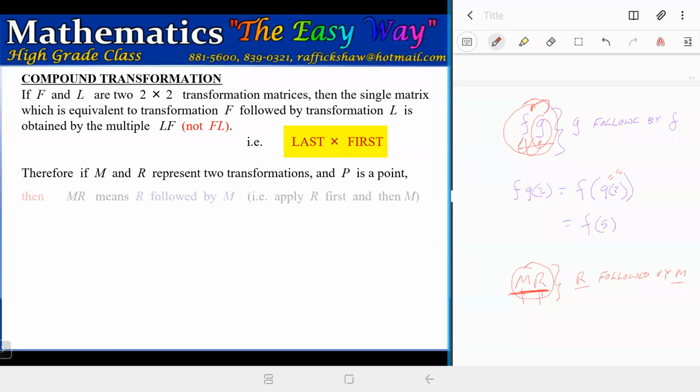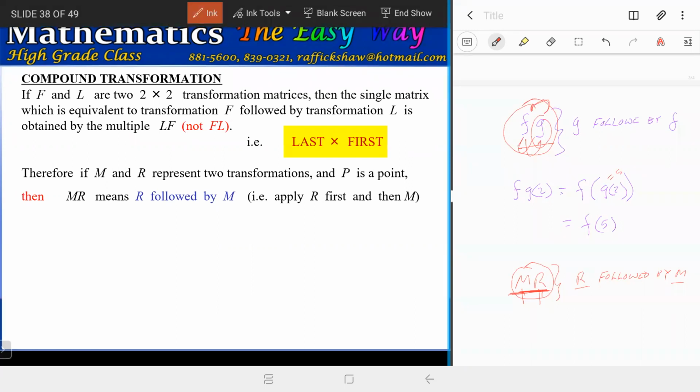MR means R followed by M. It means do R first and then do M. Apply R first and then apply M, similar to the functions.